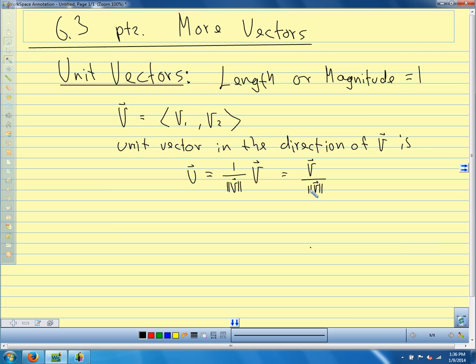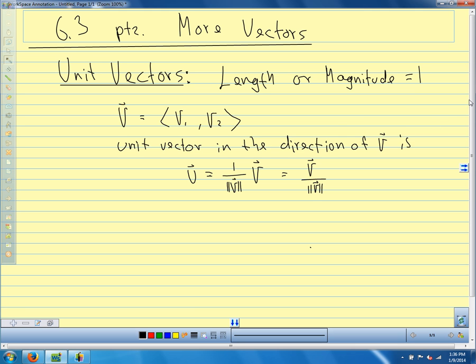What would you say, David? We just multiply this by 10. The length of this vector is 1. If we want its magnitude to be 10, we just multiply it by 10. So we can make the magnitude of this vector anything we want. We can get a vector of any magnitude in this direction. So this lets us find the direction and then work with any magnitude we want.